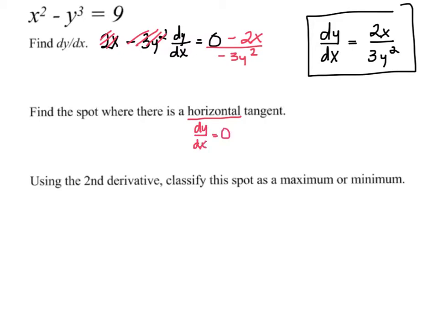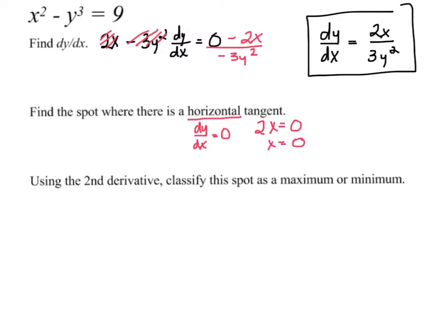Well, really, though, we're only concerned with making the numerator 0, because 0 divided by anything is 0, and I've done it. If I made the bottom 0, then I'm making the derivative undefined. I don't want to do that. I want to make it 0. So all I need to do is focus on the numerator. 2x equals 0. Well, that means that x is equal to 0.